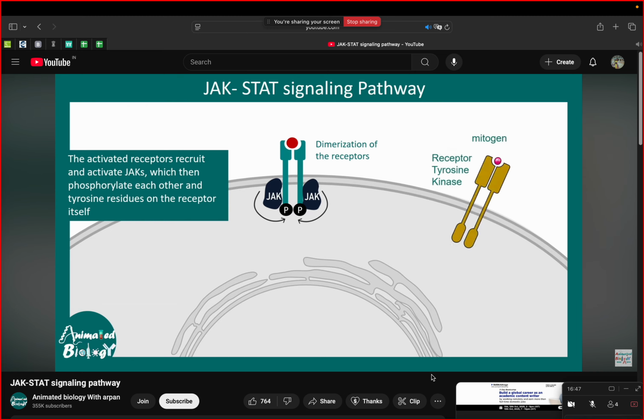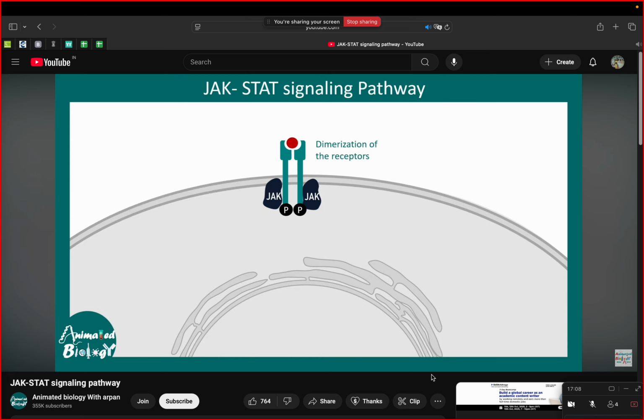In the receptor tyrosine kinase, the kinase activity was intrinsic. But in the JAK-STAT signaling pathway, the kinase activity is not intrinsic to the receptor. The JAKs are soluble proteins which associate with the activated receptor and phosphorylate the receptor. So this is the different part.